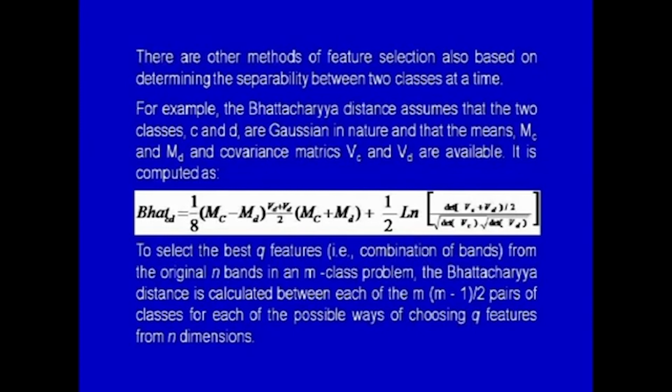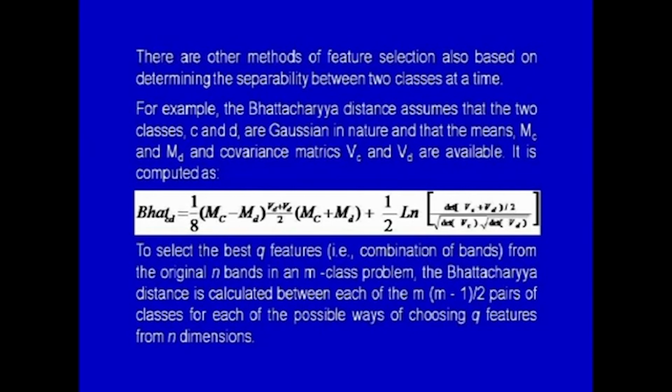So, Bhattacharya distance can be computed on the basis of the equation as given here, that is 1 by 8 difference between the mean matrices of class C and D multiplied by the variance covariance matrices of class C, the average of the two multiplied by M C minus M D transpose, plus 1 by 2 log of the determinant of the average of the variance matrix of class C and D divided by the square root of the determinant of V C and the square root of the determinant V D.